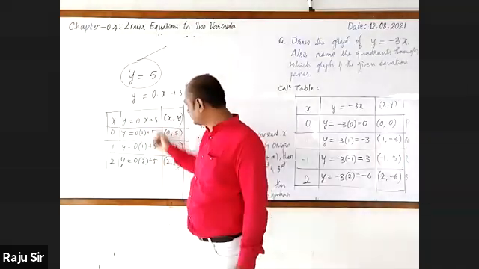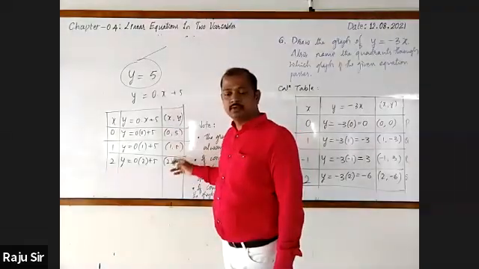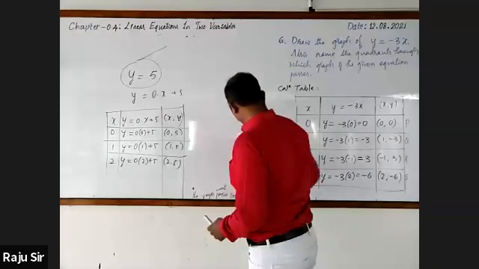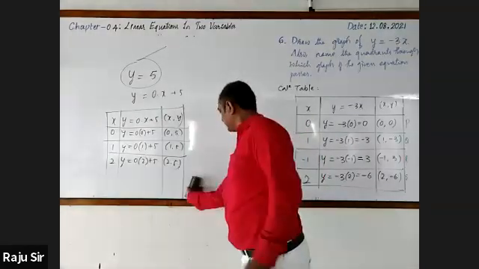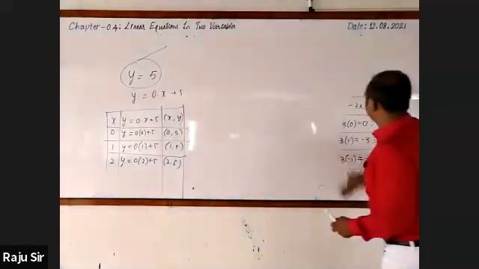Only 5 comes. For any value of x, we will get 5 only. Any number multiplied with 0 is always 0. We'll get 5 only.